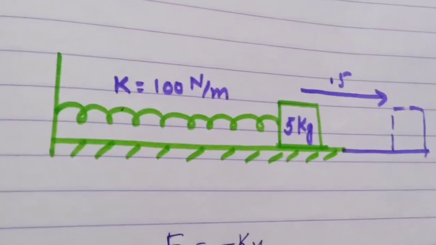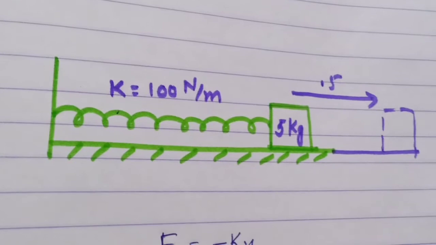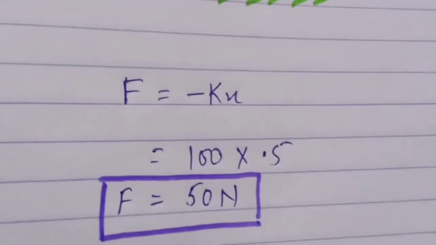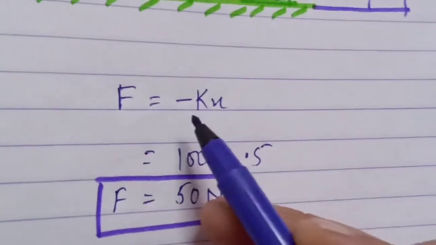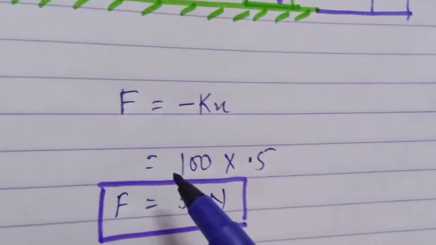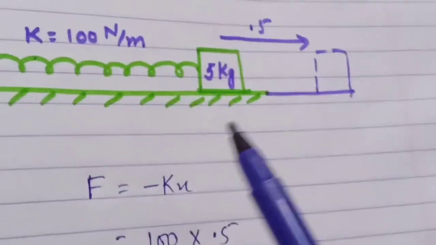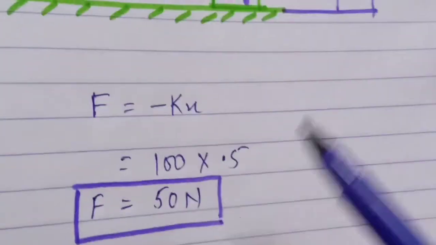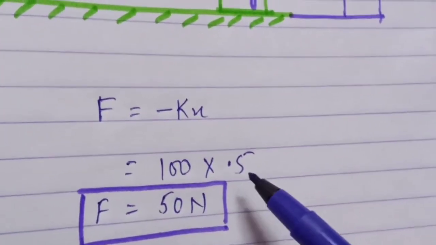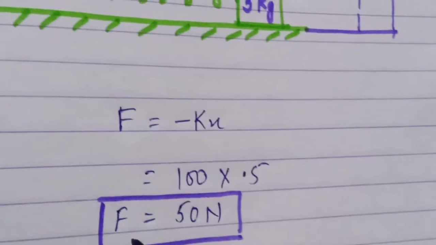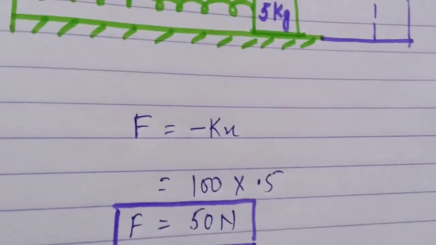These are very simple questions which we solve within seconds. Okay, F is equal to minus kx, where K is equal to 100 Newton per meter, x is equal to 0.5, so F is equal to 50 Newton.